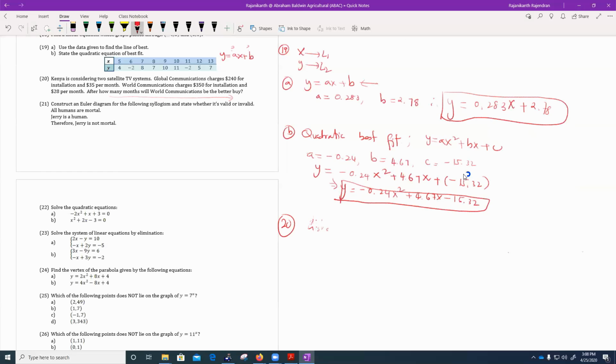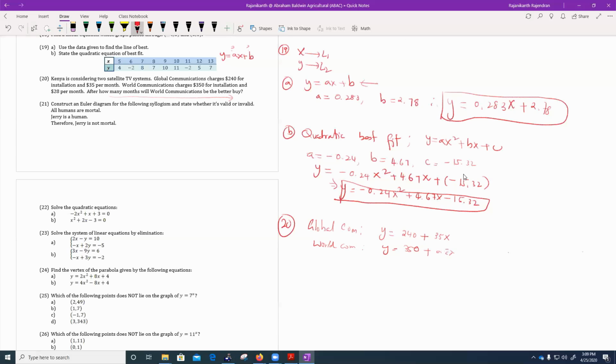The money we have to pay for x months: let us calculate for Global Communications. If y is the money we pay after x months, it is going to be 240 for the installation fee, then every month you have to pay $35, so for x months it is the total money you pay. In a similar way, for World Communications, the total payment after x months is 350 plus 28 per month times x.